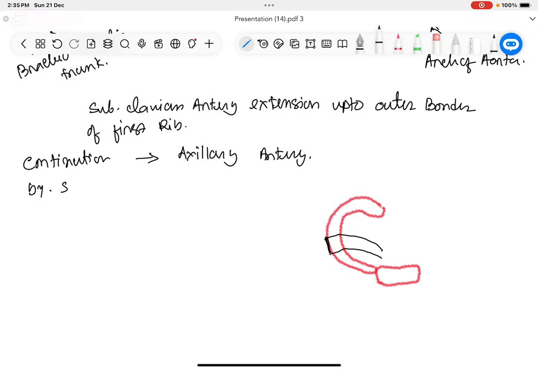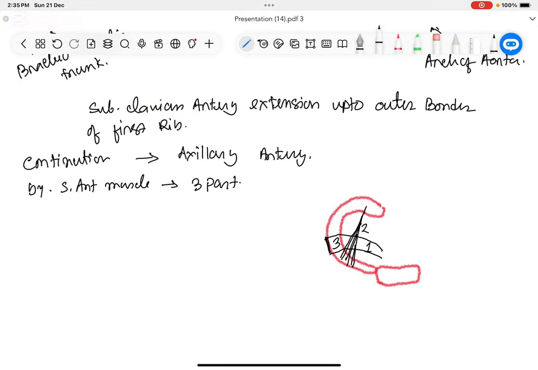So by the scalenus anterior muscle, the artery is divided into three parts: first part, second part and third part. There is a muscle spreading this way and dividing the whole artery into three. First, under the scalenus, second, behind the scalenus, and third part lateral to scalenus.